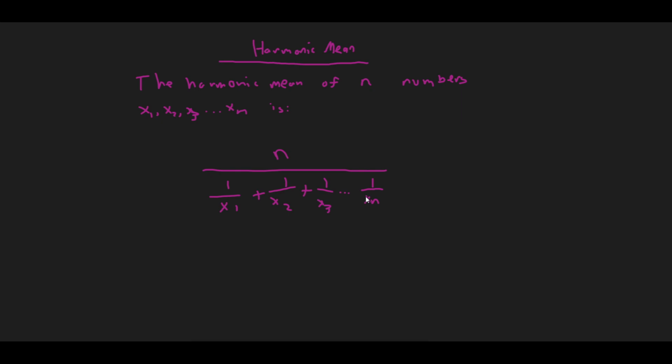So that's the harmonic mean, and we'll do a couple practice problems. A useful case usually for the harmonic mean is finding the average of two rates, like miles per hour, and as you see, that's exactly what we're going to do.